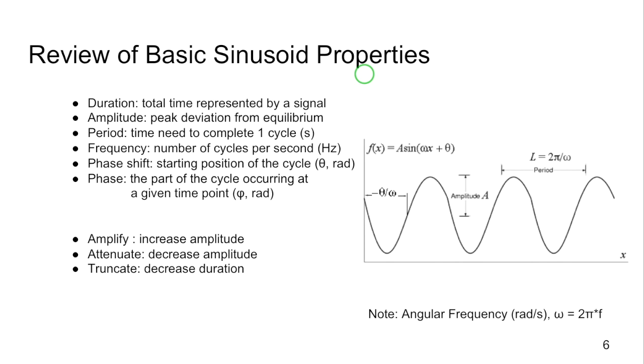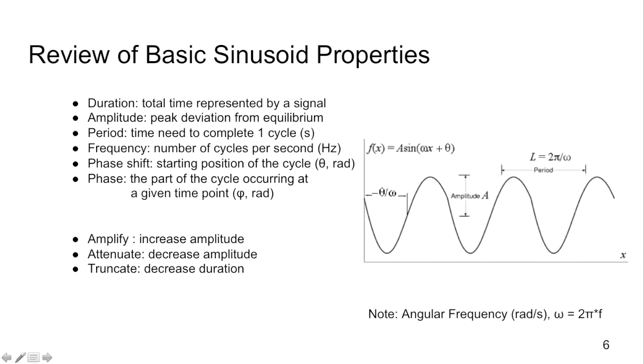So that is digital signals, and in particular, we're interested in oscillatory signals, and oscillatory signals are composed of sinusoids. So let's review some basic sinusoid properties and nomenclature.